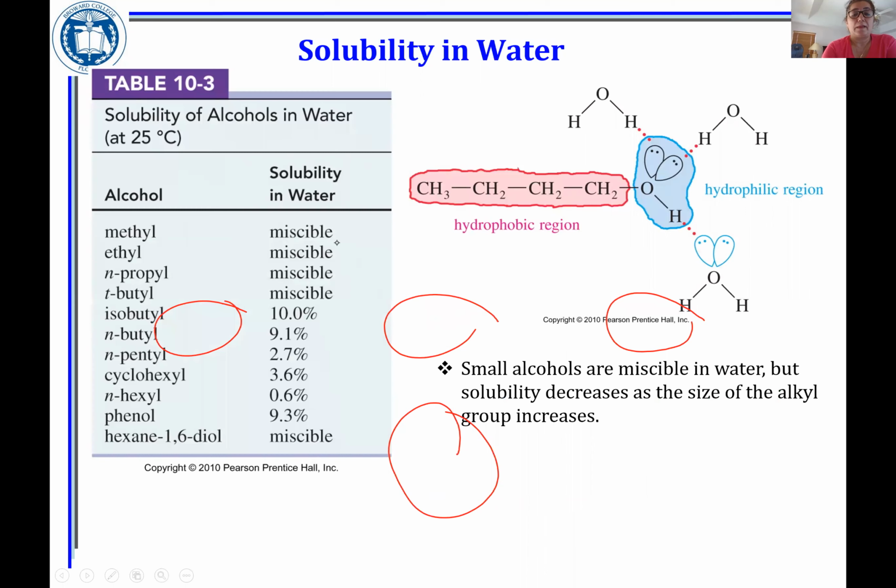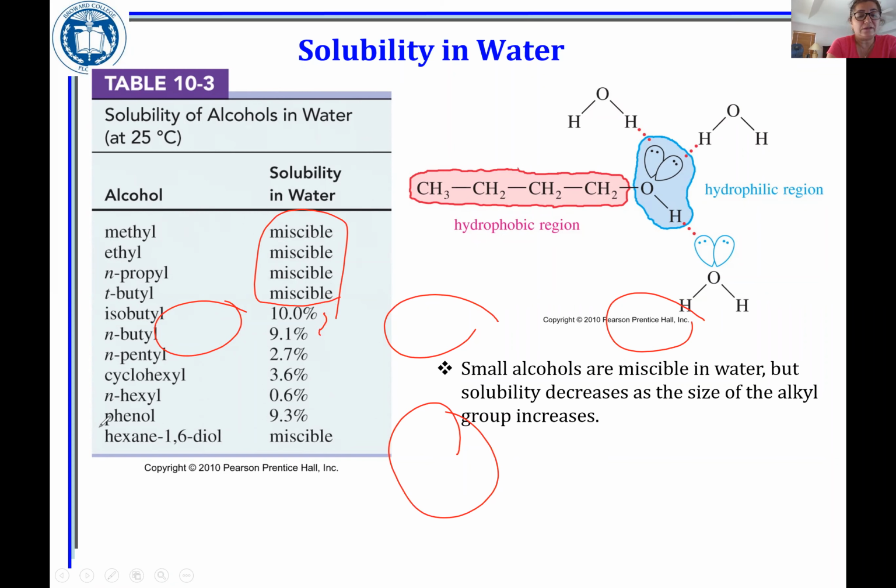Solubility. If it says miscible, that means that it's highly soluble. It mixes truly. You have an even and clear solution. So for the first 4 carbons, it would be. And then if you go from 4 to more, you are going to see that the solubility is decreasing.